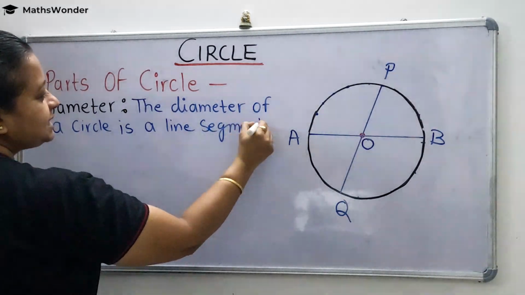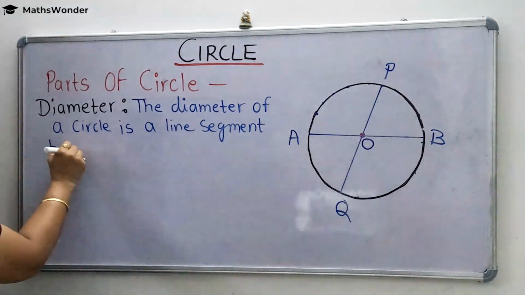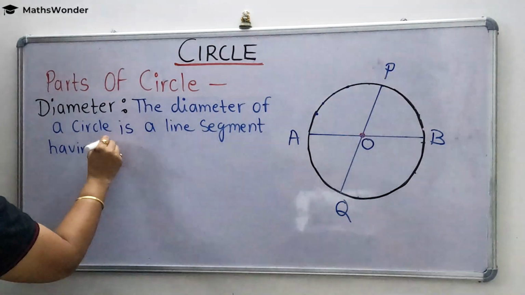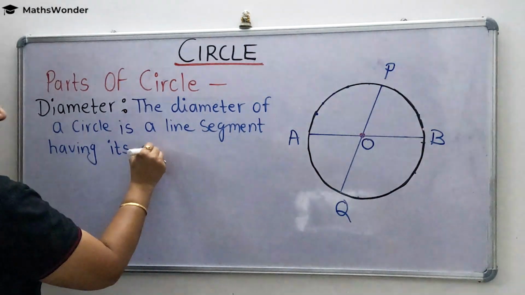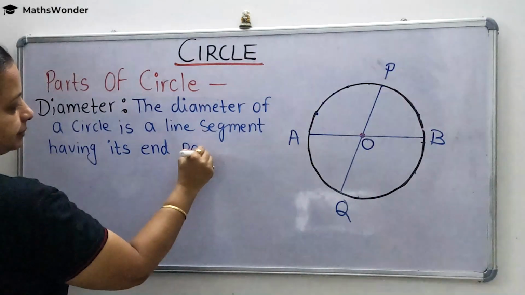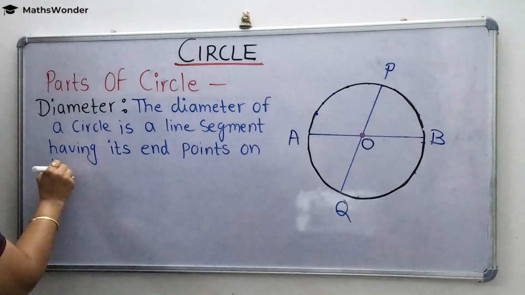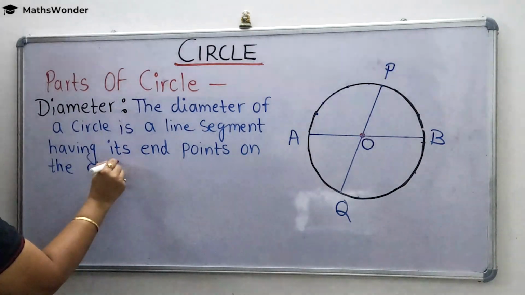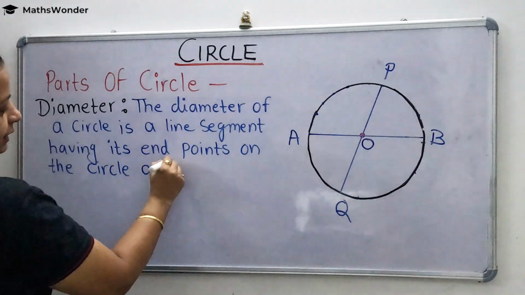We learned it earlier. A line segment having its end points on the circle and passing through its center. Very important.